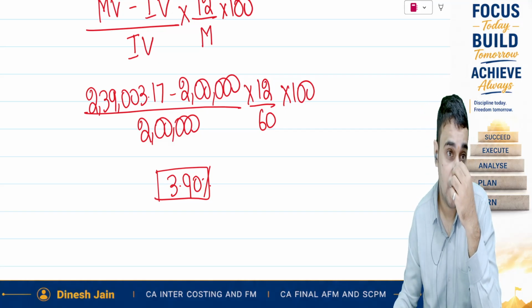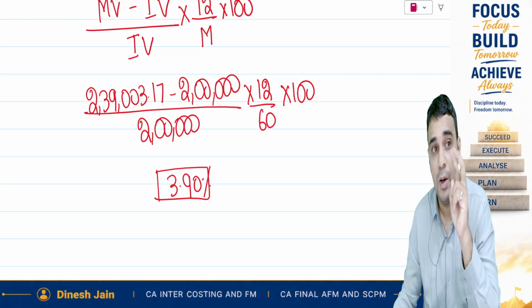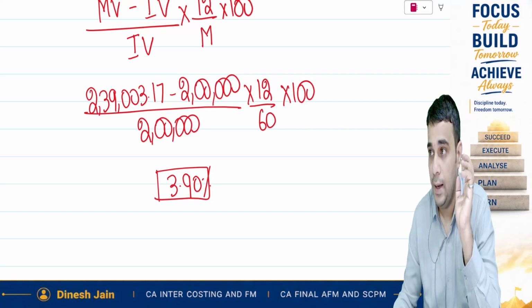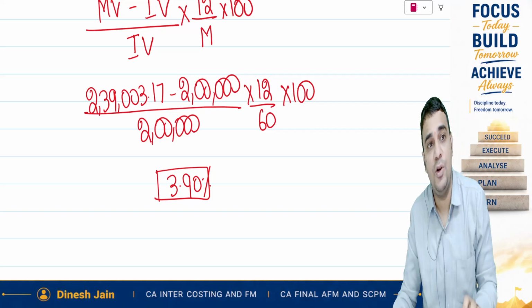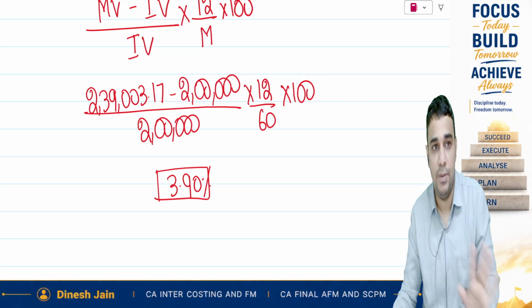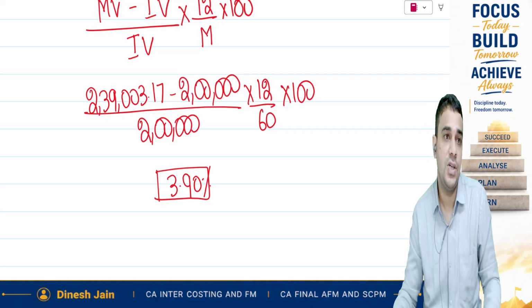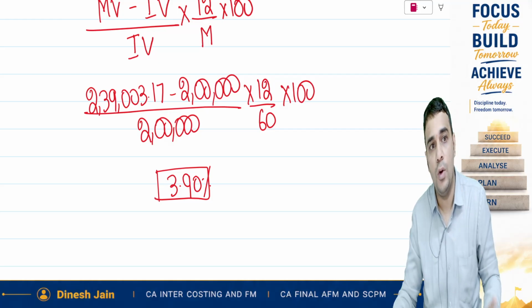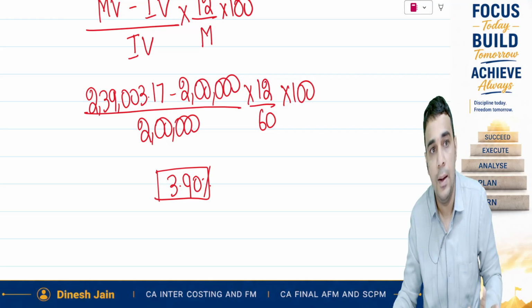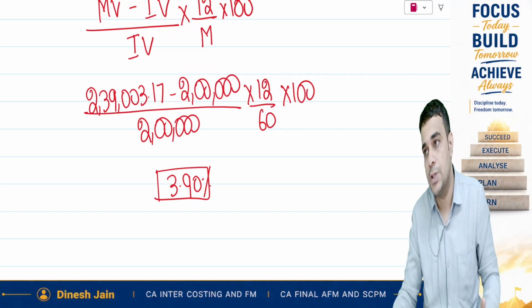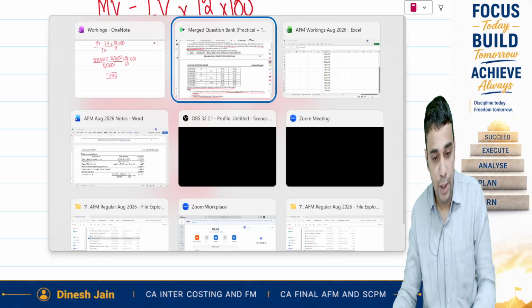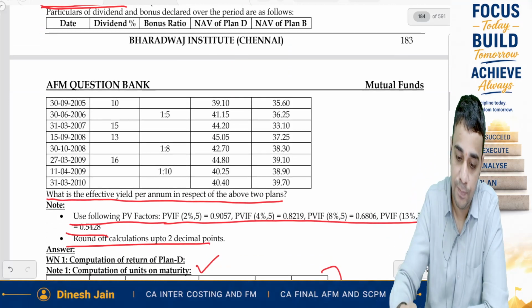For the IRR approach, I need one positive NPV, one negative NPV, and which rate do I start with is given somewhere below the table. There is an indication to us which rate to follow. There is an indication given below the question. Below the question, they have given what percentages?